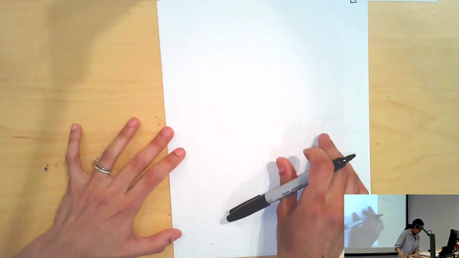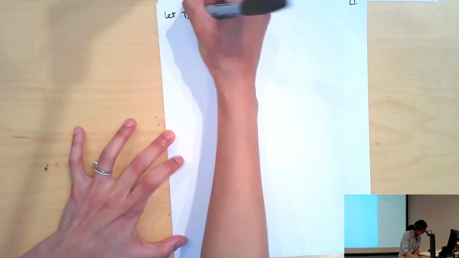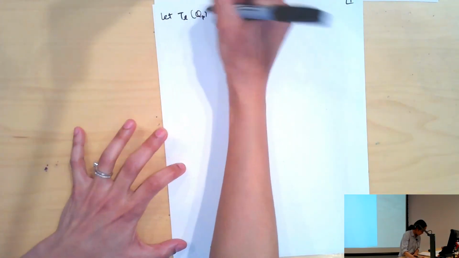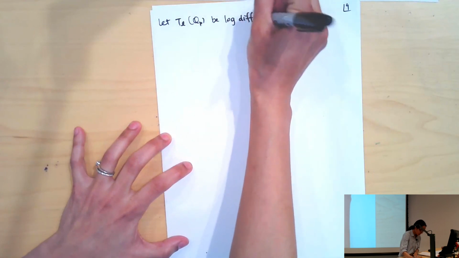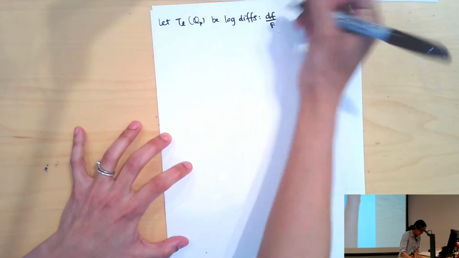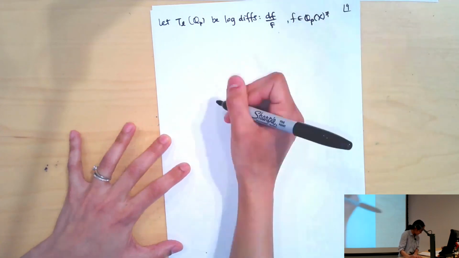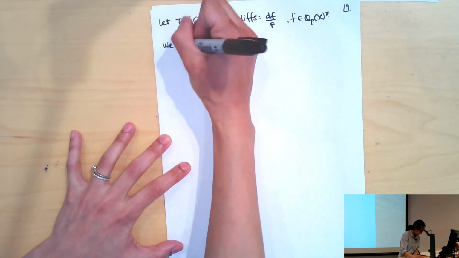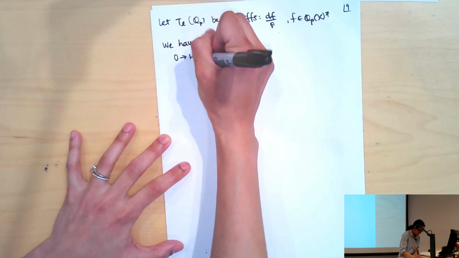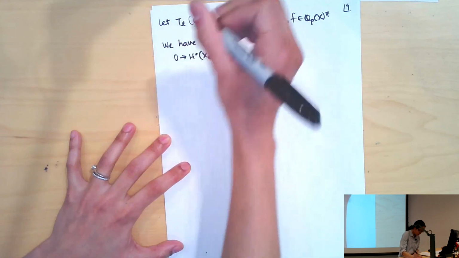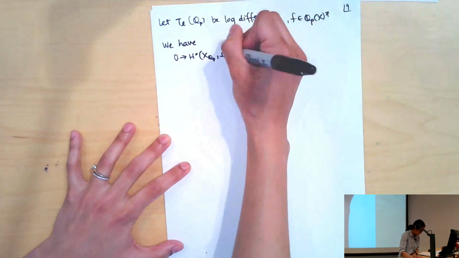All right, so we'll let TL of QP be the log differentials. So these are things that look like df over f for some f. And this gives us the following short exact sequence, quotienting out the one over here by log differentials.